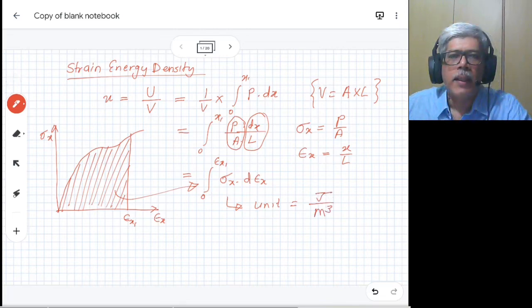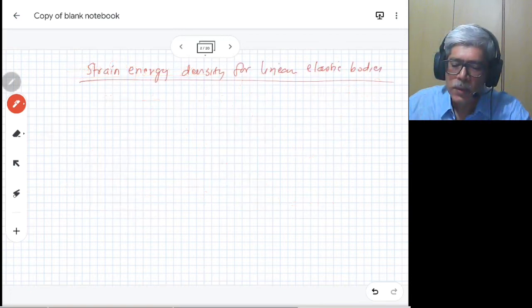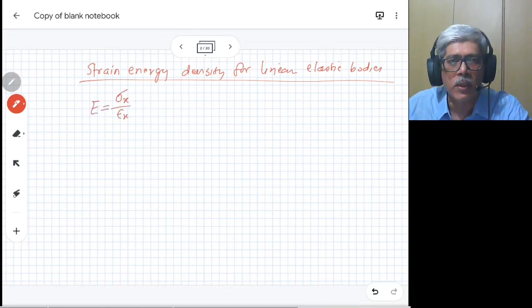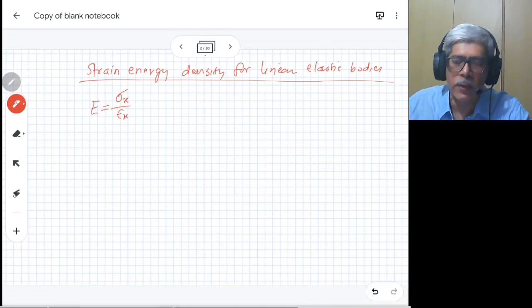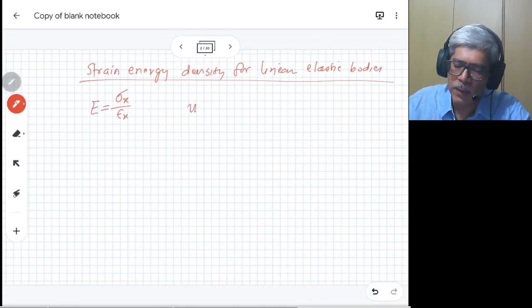Now let's calculate the strain energy density for linear elastic bodies, which will be an expression useful for us for the further discussion. For linear elastic bodies, we know that the stress by strain will be equal to the Young's modulus or modulus of elasticity. We'll use that for simplifying our expressions.